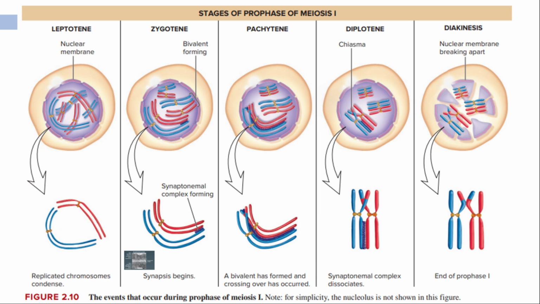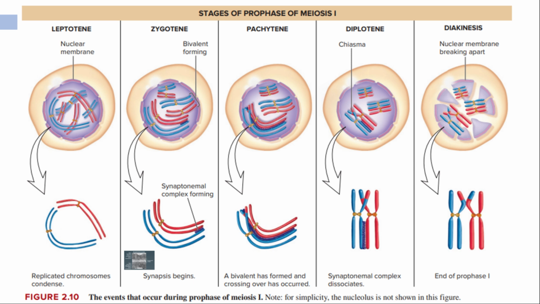Now, after the homologous chromosomes have exchanged segments with each other, the synaptonemal complex will start to disintegrate. So, magsisimula ng maghiwalay yung mga homologous chromosomes. And that is what happens during diplonema or the diplotene stage. Finally, during diakinesis, the synaptonemal complex has completely disintegrated.